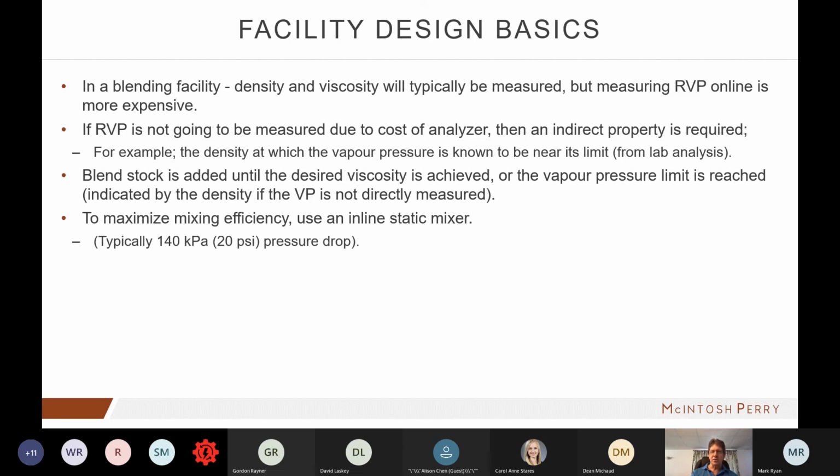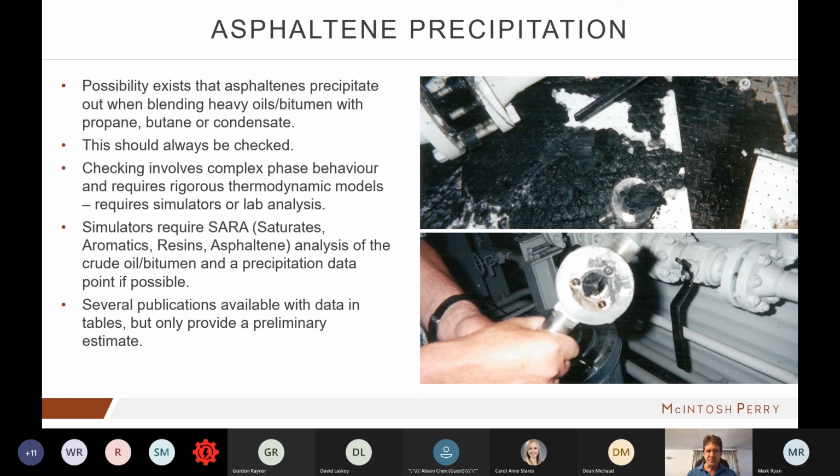So we have a range of crude oils and a range of blend stocks. If you don't want to measure RVP and want to use a substitution or surrogate property like density, you have to do quite a number of calculations with your range of crude oils and blend stocks to figure out that magic density number I mentioned.